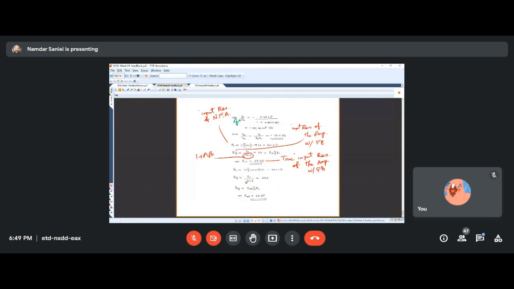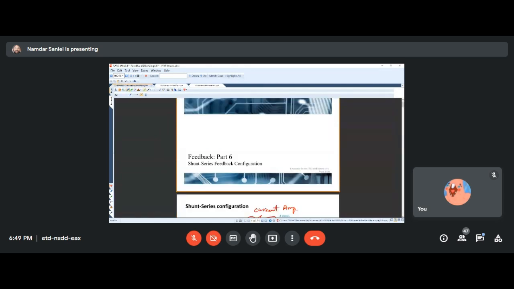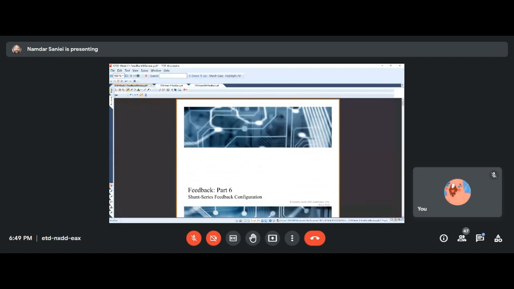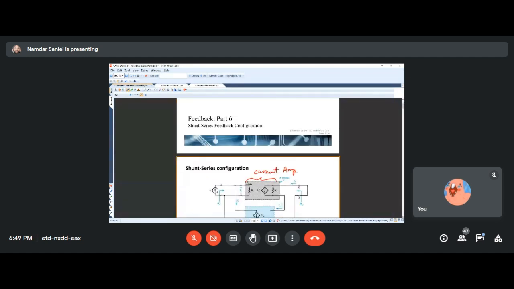So shunt finished here. Up to this point we had 3 of the 4 topologies down, and only one left, shunt series, that we went over last time.